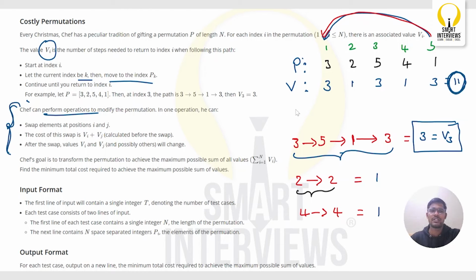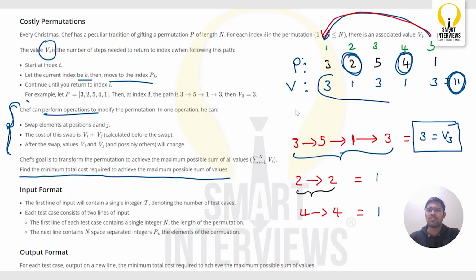For each operation there will be some cost. You can swap any elements in the P array, such that if you are swapping 2 and 4, you will get the cost as 1 plus 1, nothing but 2. Cost 2 will be added to the answer. So the end goal is to find the total cost required to achieve the maximum possible sum of values.